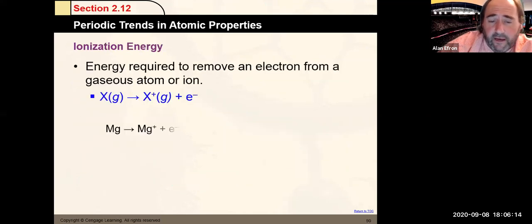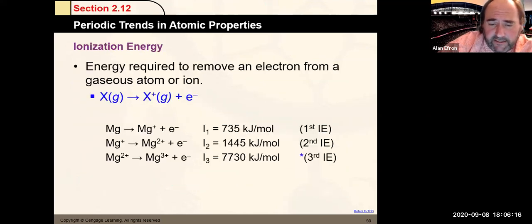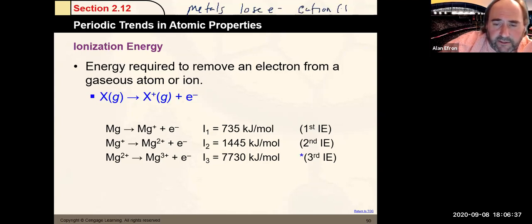Okay, then let's talk about really what ionization energy is. Since we're talking about losing electrons, when we do lose electrons, that is when we form ions. The ions that we form are what are referred to as cations, and typically it is the metals that will lose electrons and form those cations, which are positively charged.